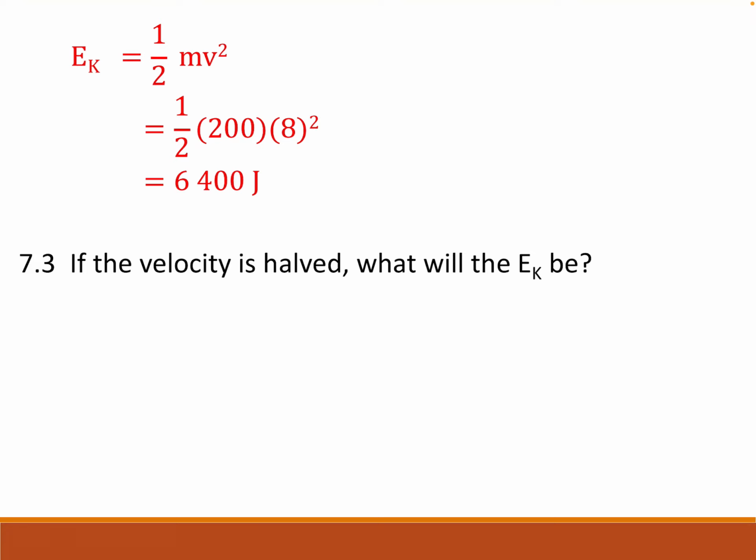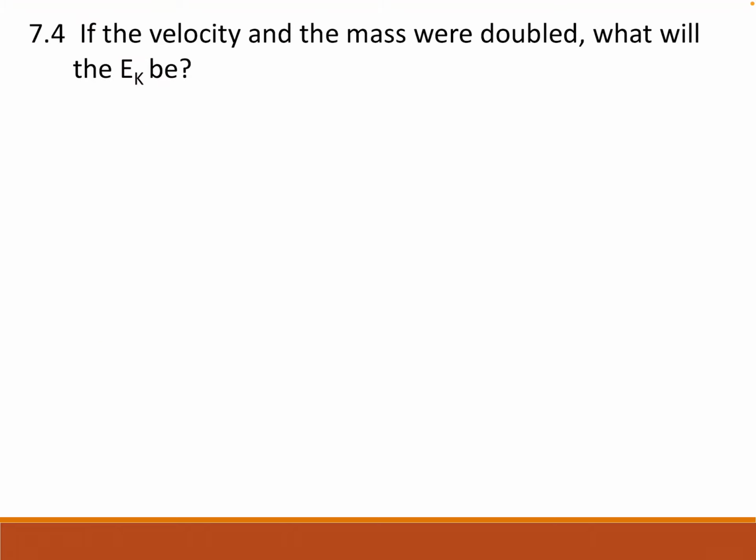Now they say, if the velocity is halved, now we've just done one where it is halved, and then the EK was 4 times smaller. So if we halve the velocity, it's now going to be 4 squared. Oh, look, it is 4 times smaller than the original. That's 800 joules. Now they double the velocity and they double the mass.